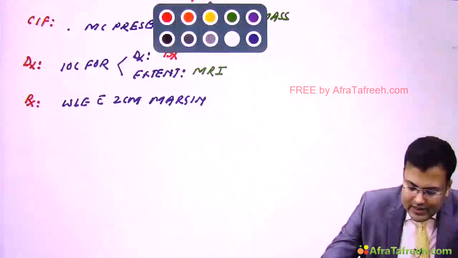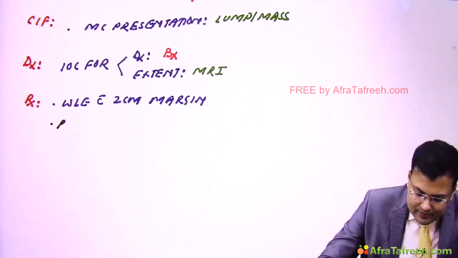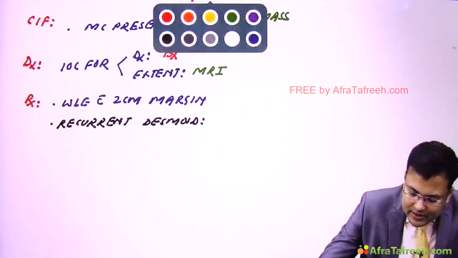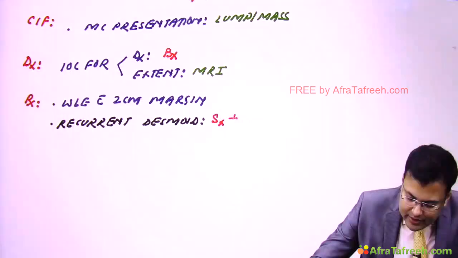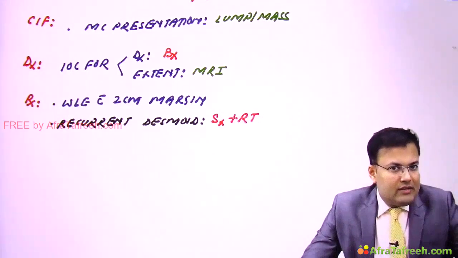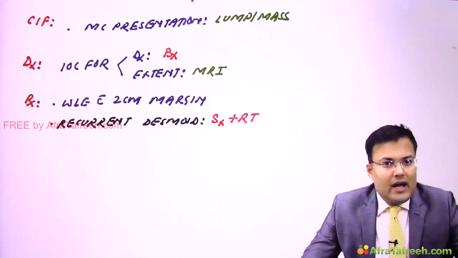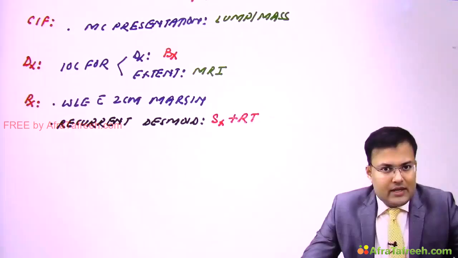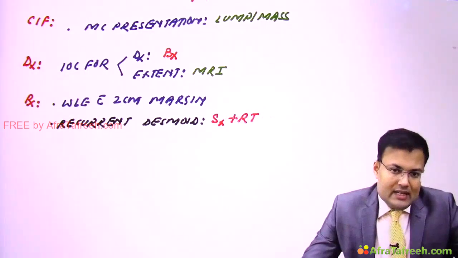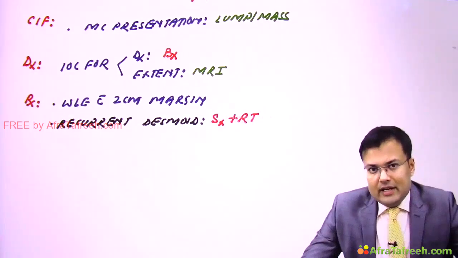So remember that if desmoid tumor is given in the question, treatment is wide local excision with 2 cm margin, or only surgery. If it's recurrent desmoid, then along with surgery we give radiotherapy.